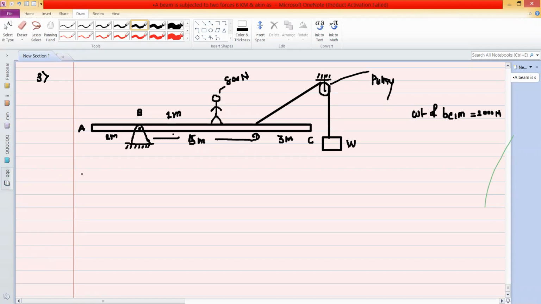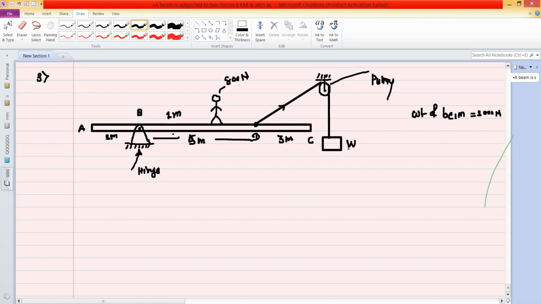The beam is supported at two points. The point B is the hinge. That means if you try to rotate the beam, then we can rotate the beam about the point B. And the second point of support is the point D. At this point D, one cable is connected, and this cable passes over the smooth pulley, as shown in the figure.